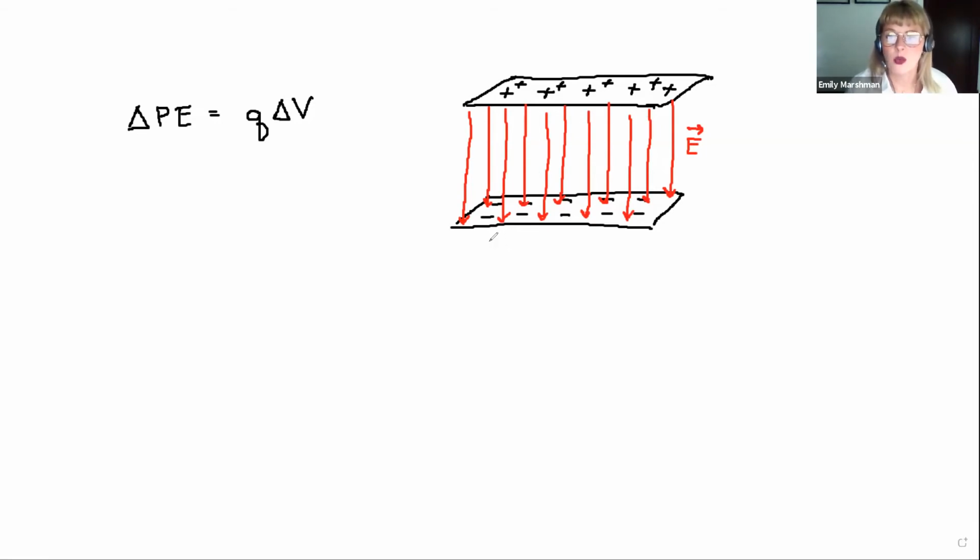Now let's think about what happens when I move a charge around in here. Let's suppose I put a positive charge in here.